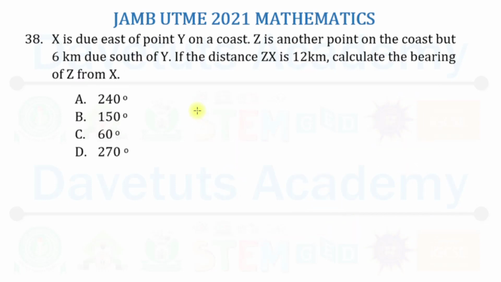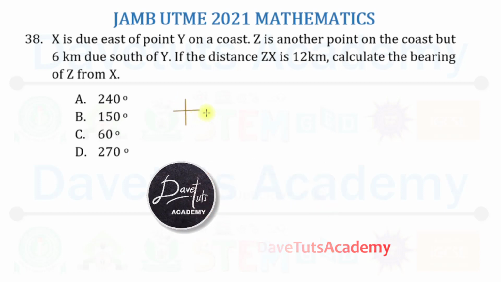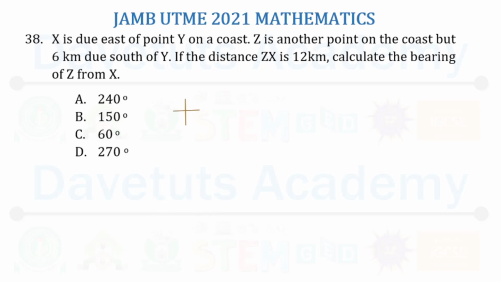So we have this question on bearing and distance trigonometry, in which we are told that point x is due east of point y on a coast. So we are taking the origin from point y, where you have north, south, east, and west.